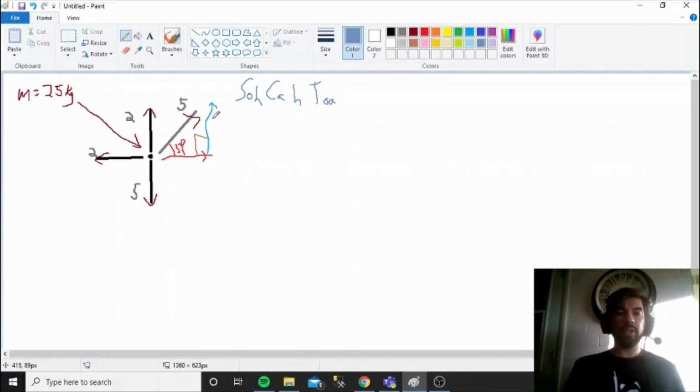Now, to figure this one out, look at the angle. 37 is what? Is it right next to it? Is it adjacent? No, it's opposite. So for this blue part, we'll call it y, and we'll call this x.